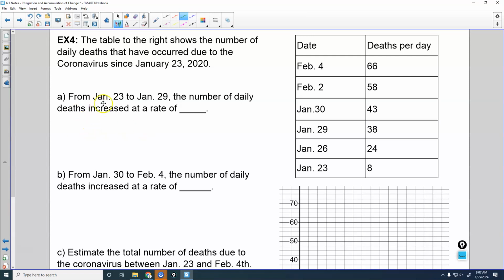So from January 23rd to January 29th, the number of daily deaths increased at a rate of. What would we do for that? Let's go ahead and do this. Let's make this 0 right here.